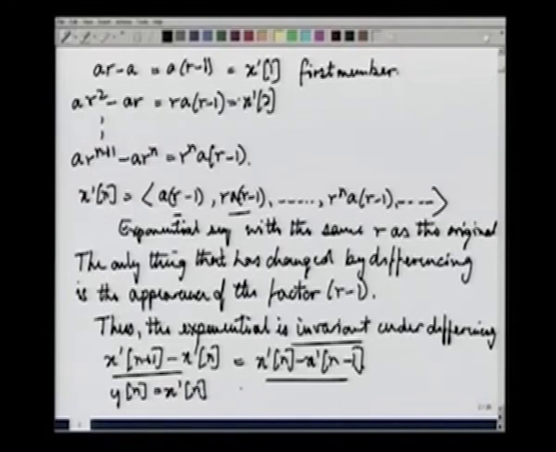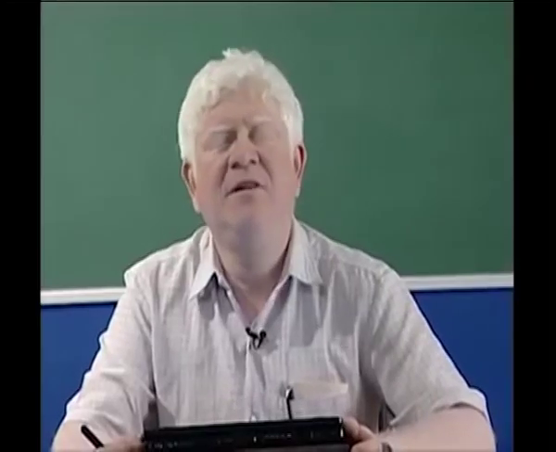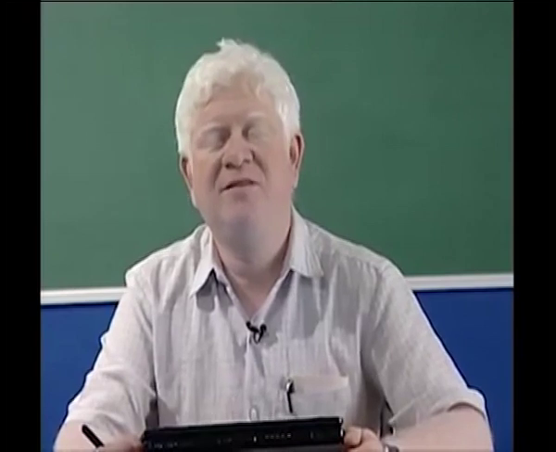Then we are just considering the second difference, that is to say x''[n] is nothing but y'[n], and since y[n] is going to be a discrete exponential sequence as before, y'[n], which is x''[n], will again remain a discrete exponential sequence.